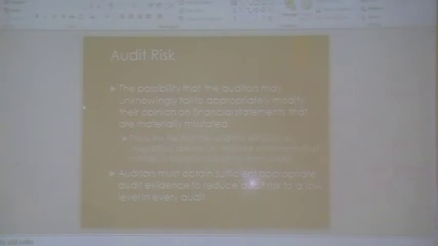So the inherent risk is that your account balance or class of transactions is open to material misstatement. Your control risk is that the client's accounting and internal control system is not working properly, and the detection risk is that your auditor may not actually find a material misstatement inside the accounts. Okay, is that alright? Yeah?